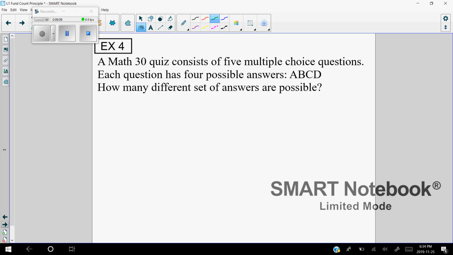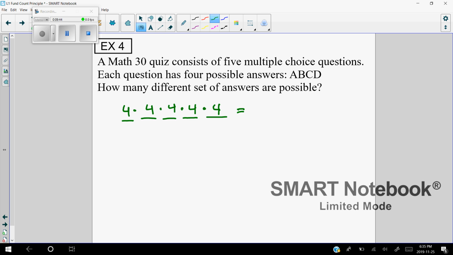All right, example 4. A Math 30 quiz consists of 5 multiple choice questions. Each question has 4 possible answers, A, B, C, and D. How many different sets of answers are possible for the test? The first thing is that I have 5 questions happening at the same time because they're all in the same test. Each question has 4 different possibilities for the correct answer.